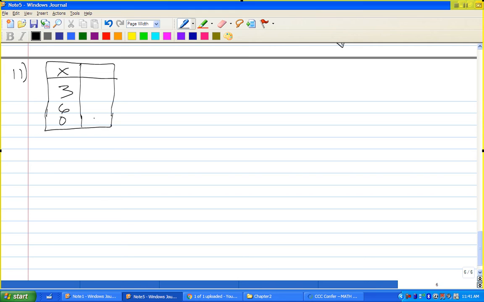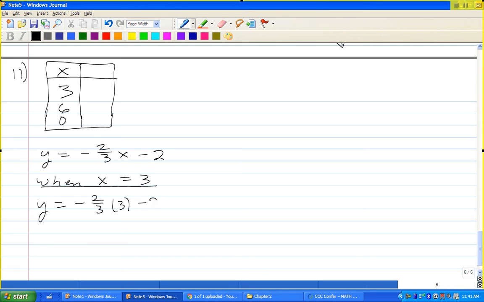And the equation is y equals negative 2/3 x minus 2. So when x is equal to 3, I have y equals negative 2/3 times 3 minus 2, which is a negative 2 minus 2, negative 4 for y.